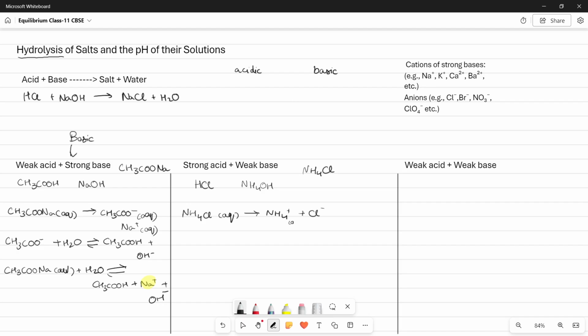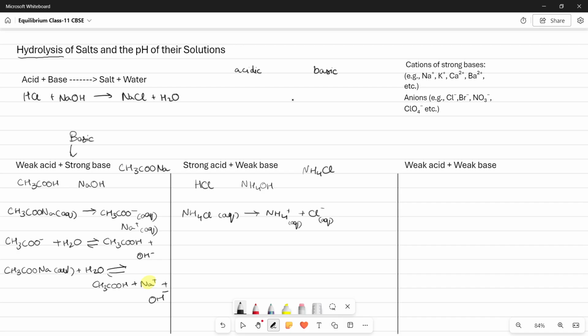minus. So NH4 plus Cl minus. Now this NH4 plus, because it's a weak base, does not want to stay as NH4 plus. Again, the Kb value for NH4OH is actually 1.8 into 10 to the power minus 5.